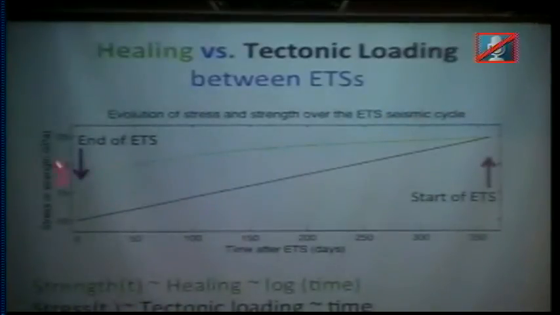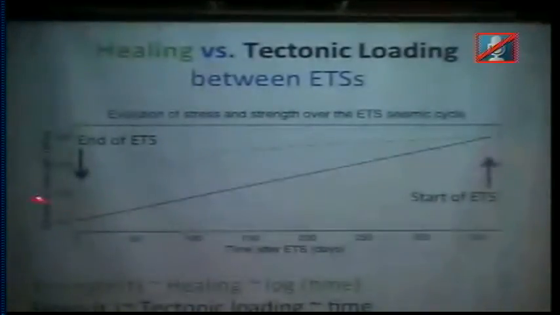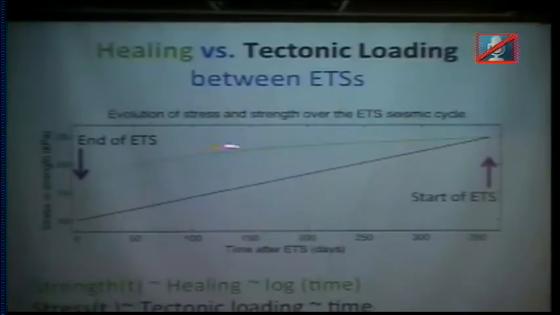So these 2 different measures are in agreement, and they can be understood as, in this middle period, strength and stress are far from each other. This period here, they get much closer to each other. Now there's some question as to what's going on right after the ETS.